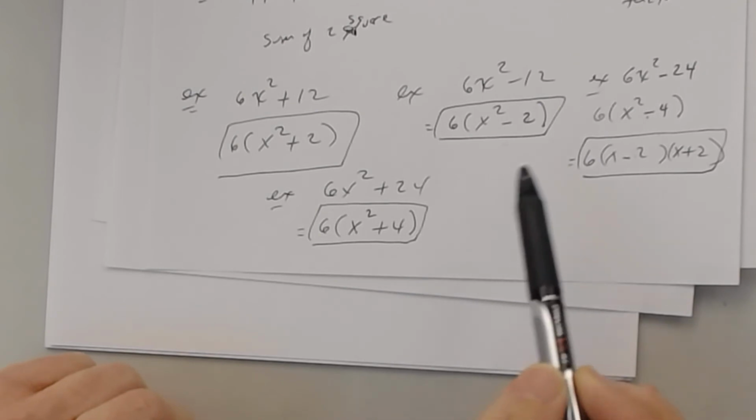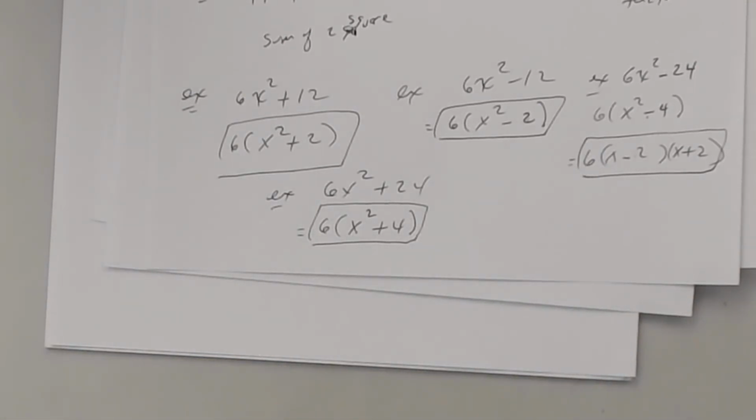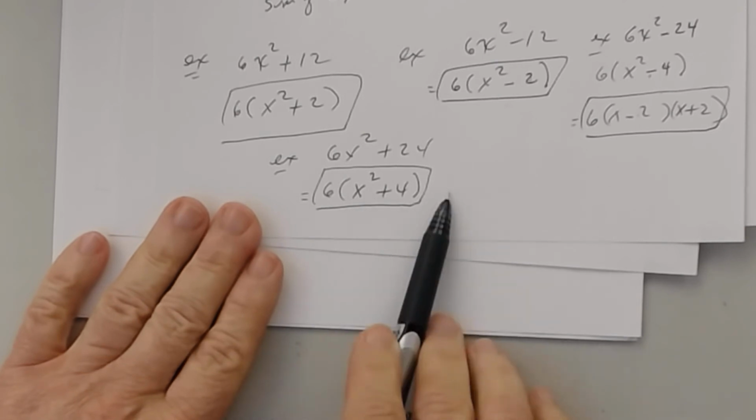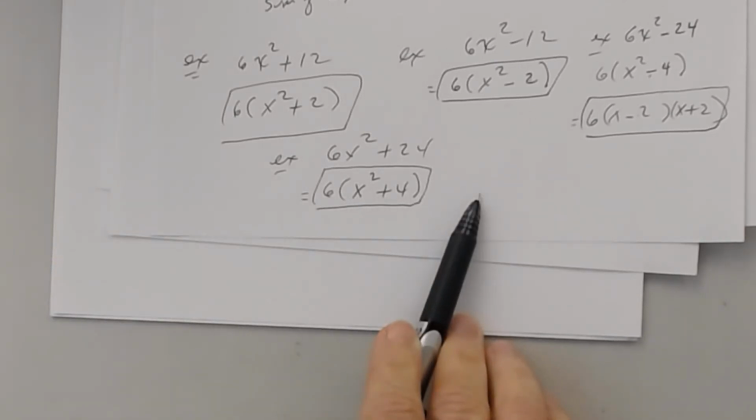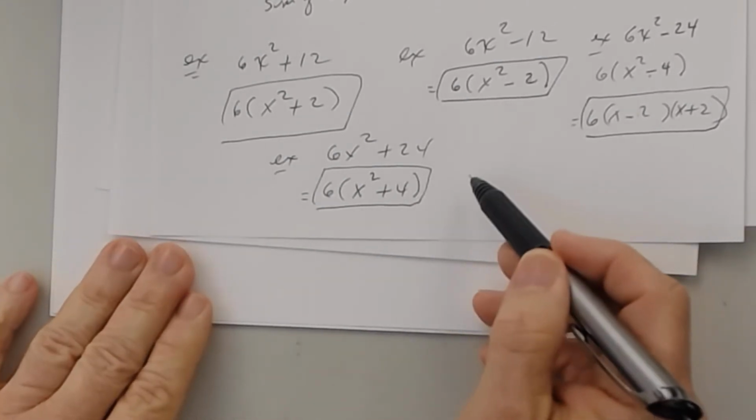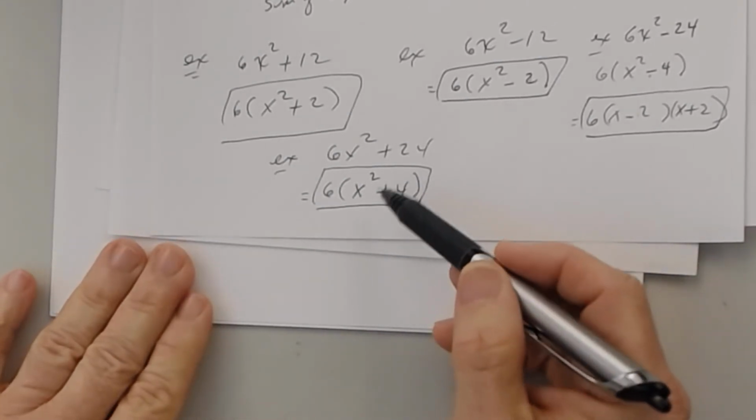Okay? All right. Now, let's look at this one. That's pretty much the difference of two squares and the sum of two squares. You just have to know that if you have the sum of two squares, you can't factor. So you may ask, why didn't you say prime for this, since it's the sum of two squares? Because I can take out the GCF.